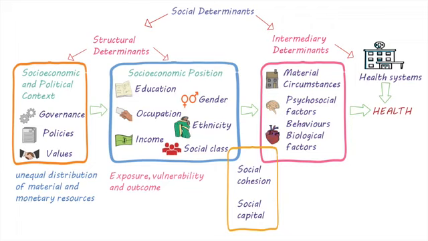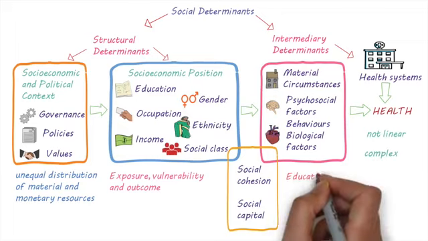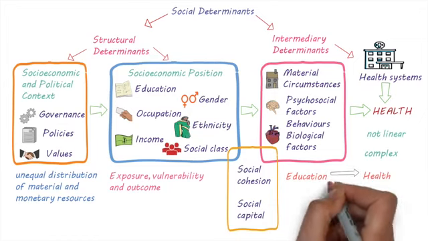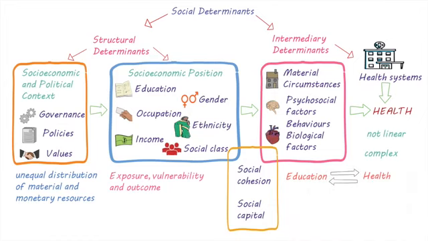It's also important to know that the links between these different factors are not always linear, but are complex and can go in both directions. For example, poor income and education can impact health, and also poor health can limit opportunities for people to participate in the workforce or receive education. Also, if a population is affected by a lot of disease, it can have a broader impact on the socioeconomic and political context.